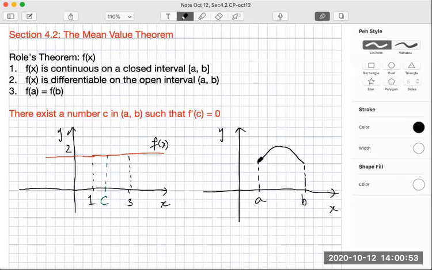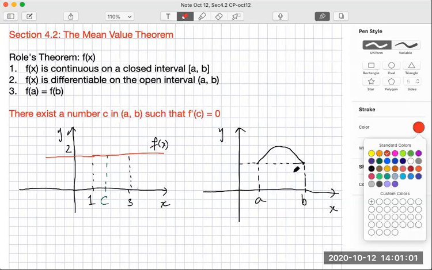Okay, f(a) and f(b) are equal to each other. So first, this function is continuous on the closed interval from a to b.